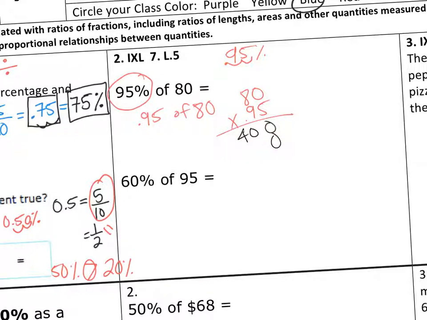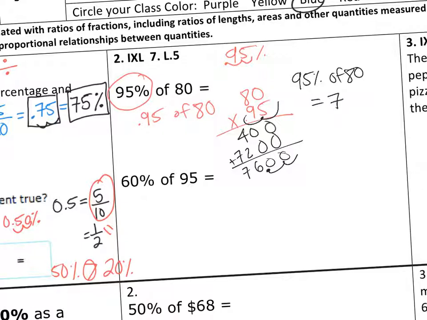I'll put a place value or placeholder. 0 times 9 is 0. 8 times 9 is 72. Add those quantities together. And then I went 2 decimal places. And that's pretty reasonable. 95% of 80 is 76. That's reasonable. You don't have to put the check. I just put that there out of habit.